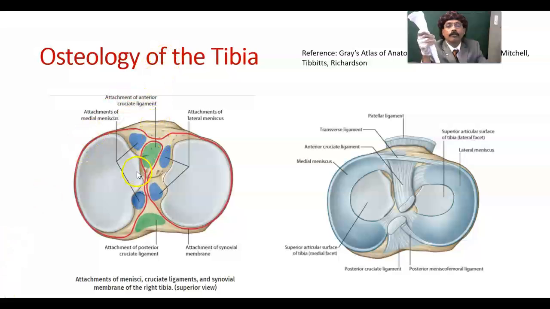We have to identify the attachments in the intercondylar area. This is so important to us.